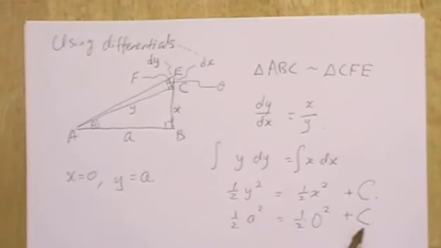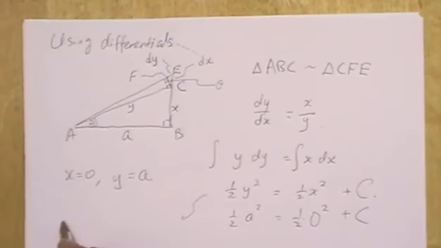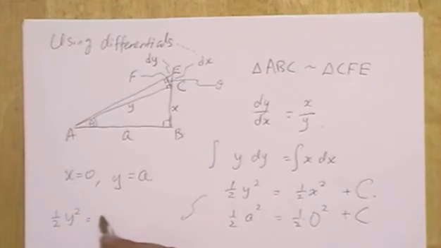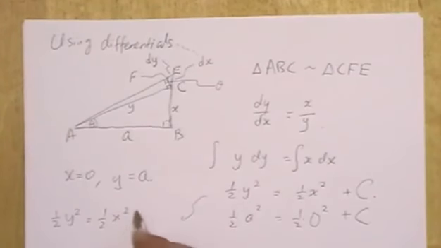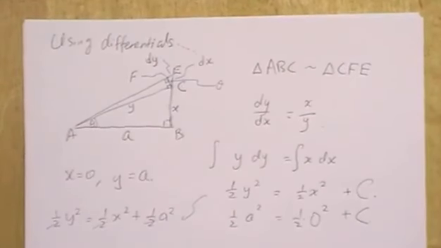Now let's substitute C back into this equation. I get half y squared equals half x squared plus C, which is half A squared. Now let's multiply both sides by 2 so that the halves cancel.